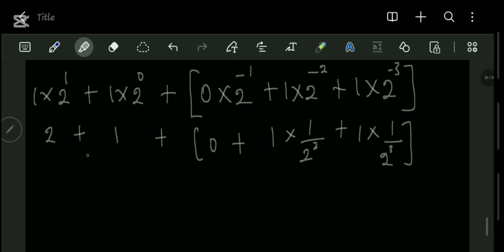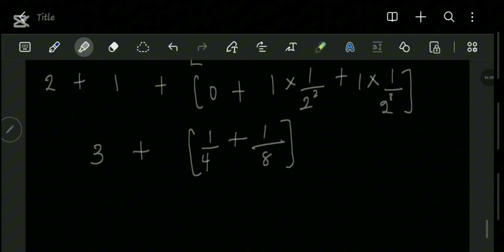So when you add this whole number part, you have 3, plus this 0 is gone, so 0, plus all of this is still the same thing. So we just have 1 over 4, because 2 to the power 2 is 4, plus 1 times 1 is 1 over 2 to the power 3, which is 8.